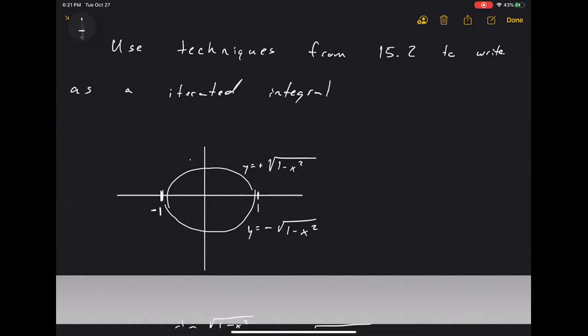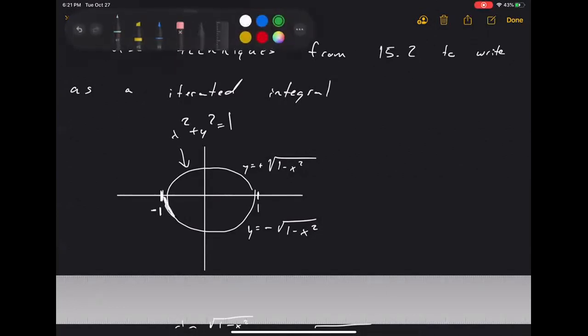Because what is this curve here? This curve is the circle x squared plus y squared equals 1. So really what you would have to do is split this one circle into two different functions. The equation for the circle is not a function, but if you consider these individual pieces, those two curves are functions.